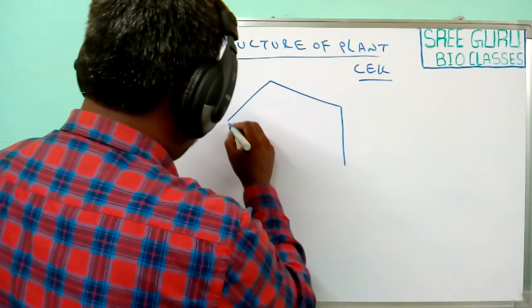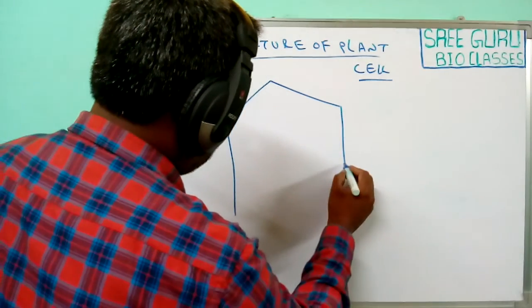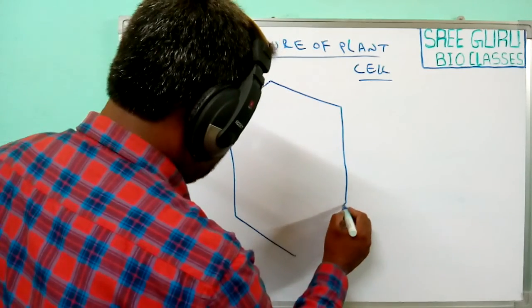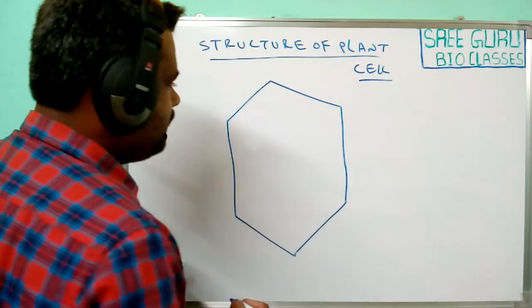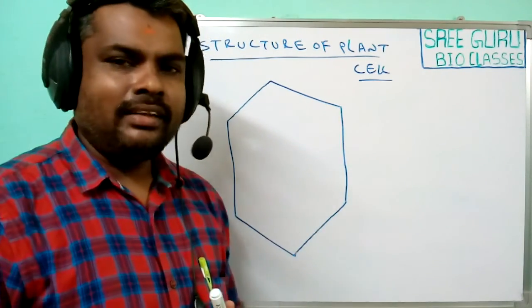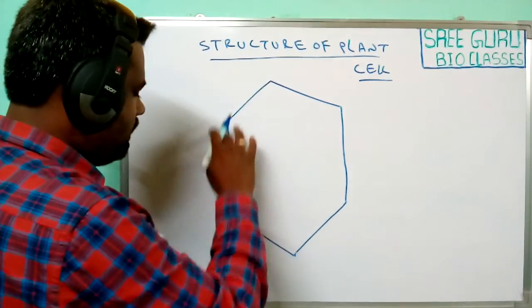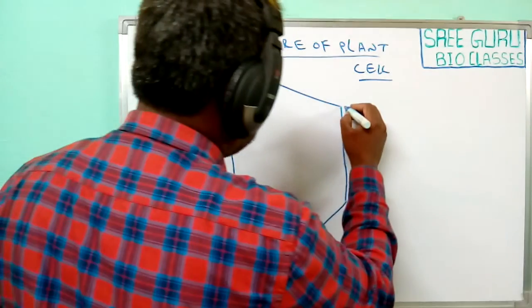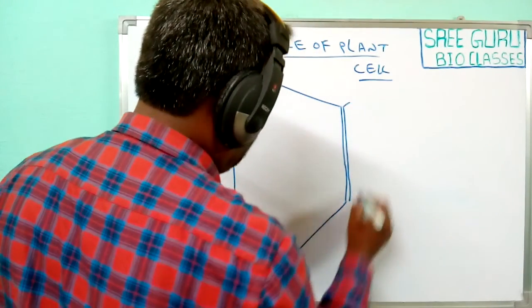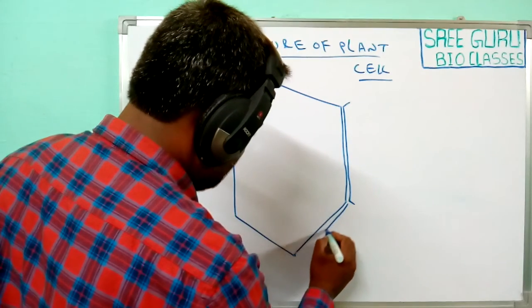We are observing some of the structural aspects. In the structure of the plant cell, the outermost layer observed on all plant cells is known as the cell wall.